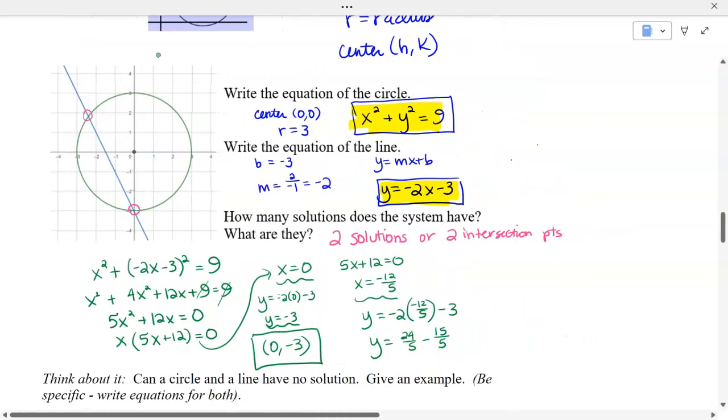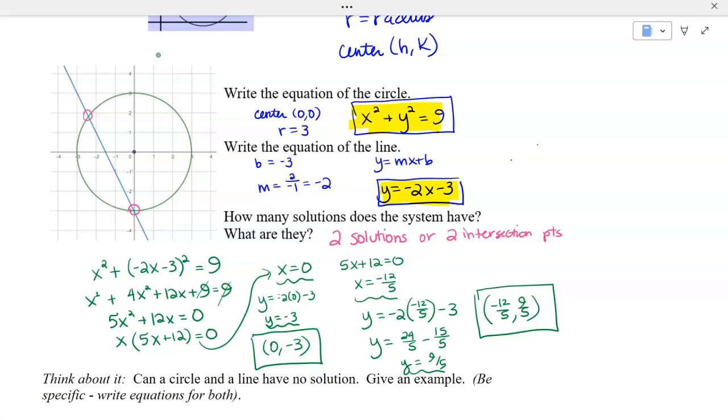So 24/5 minus 15/5 is going to give me 9/5. So my other point over here is (-12/5, 9/5). And so now we have our two intersection points between the circle and the line.